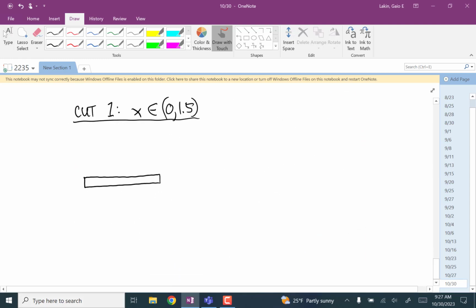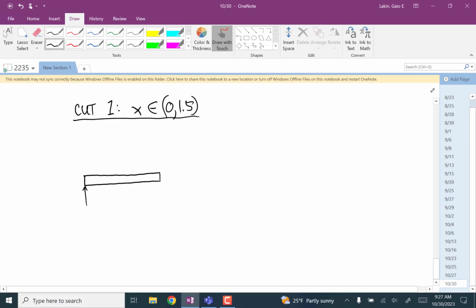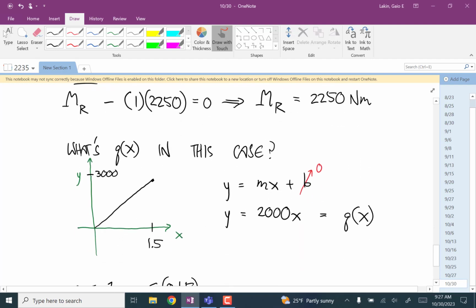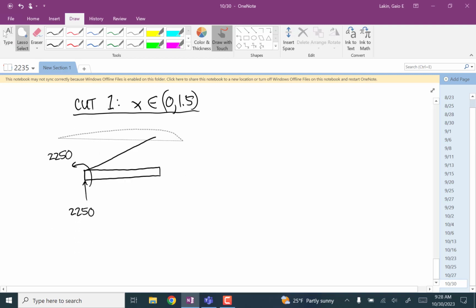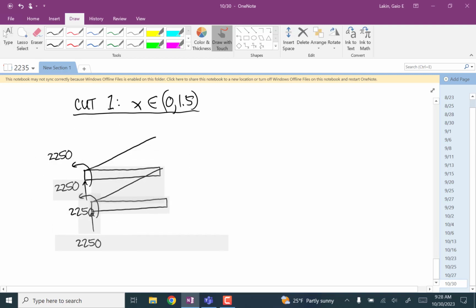We have a force of 2250, and a couple of 2250, and then we have this distributed load.